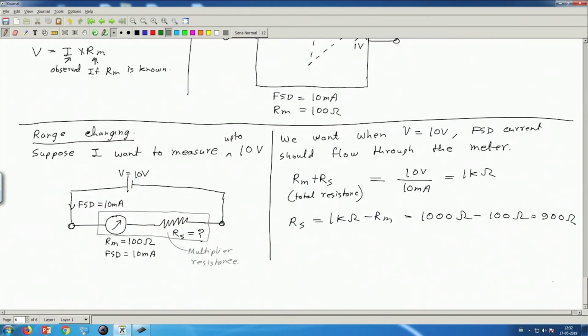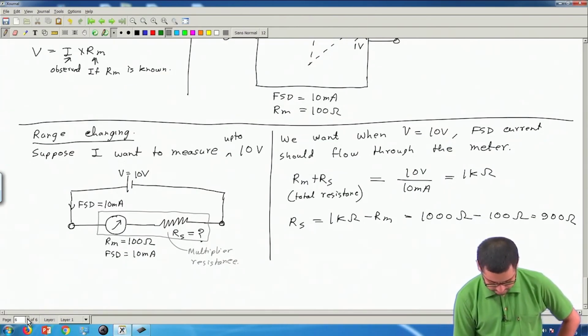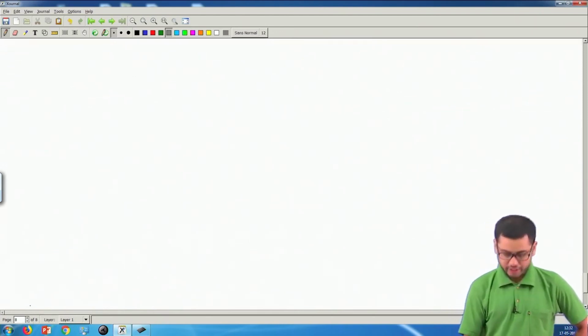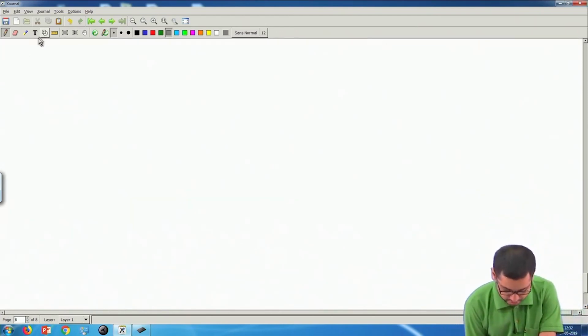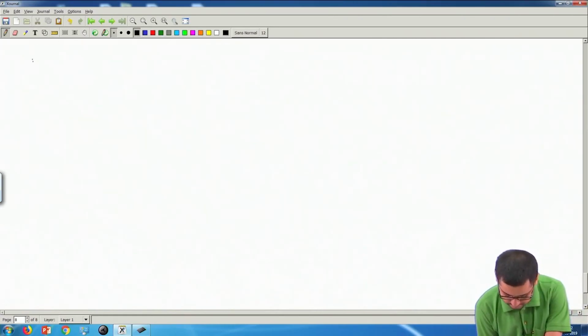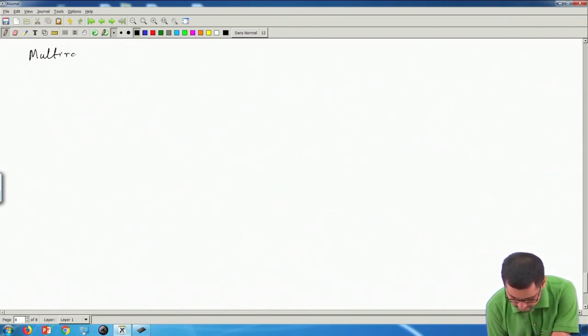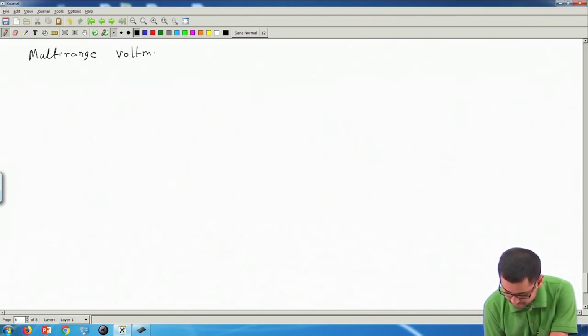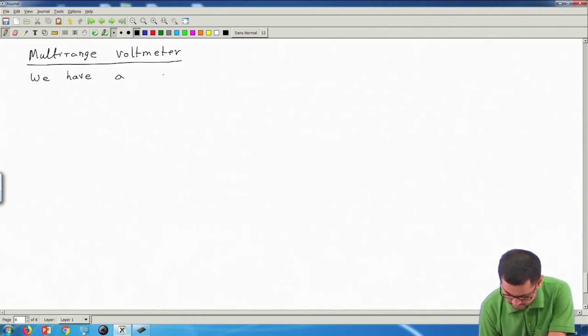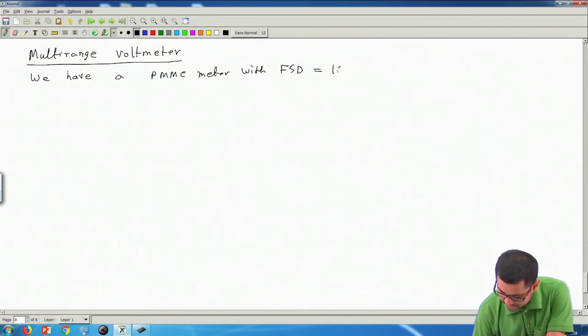Now, let's make multi-range voltmeters. So we have a PMMC meter with FSD equals 10 milliampere.